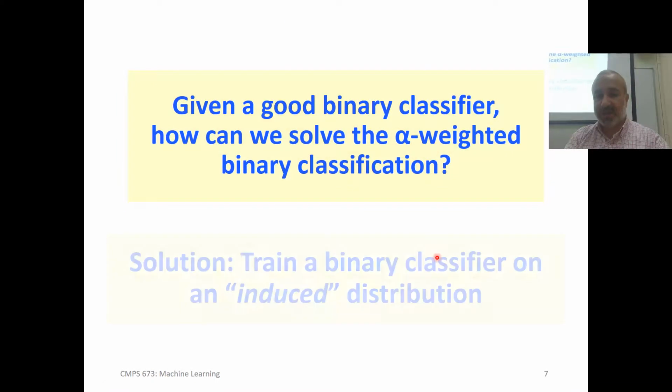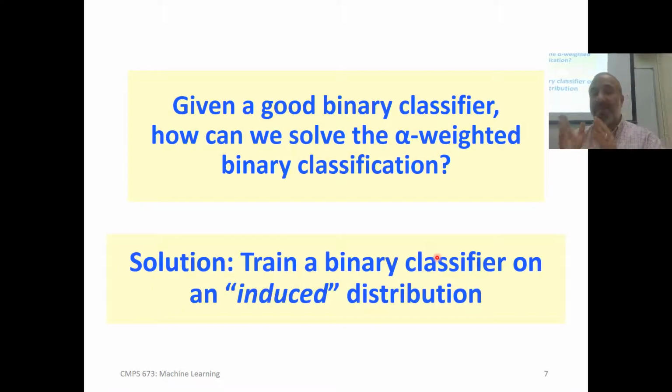The solution is really simple. We will train a binary classifier, whatever binary classifier that you like, on what we call an induced distribution. Induced distribution means it's something that is processed from the original. It's a new version of the original. The original distribution is unbalanced. It's completely unbalanced, right? So if I want to change the distribution so that I can use the existing binary classification, how should be the new distribution?